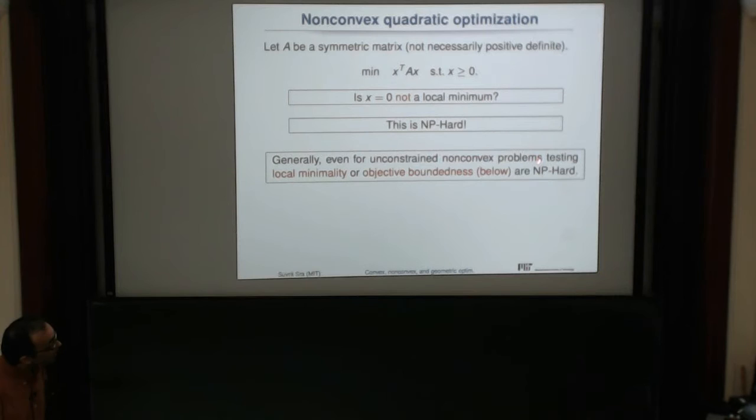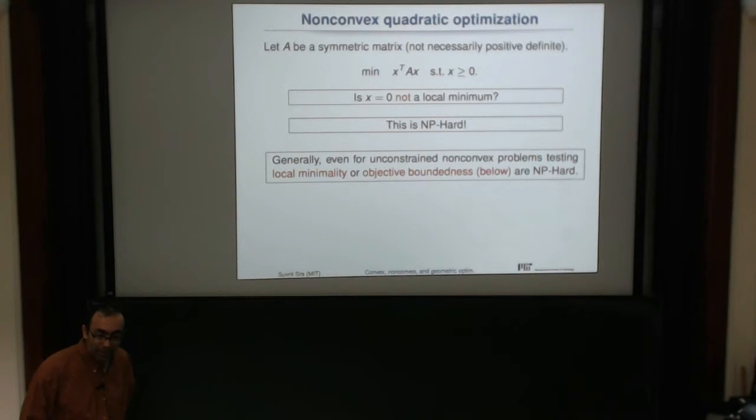Even for unconstrained non-convex problems, testing local minimality, or even testing if your objective function is bounded below, that it doesn't recede off to minus infinity, can be NP hard for badly chosen non-convex functions.